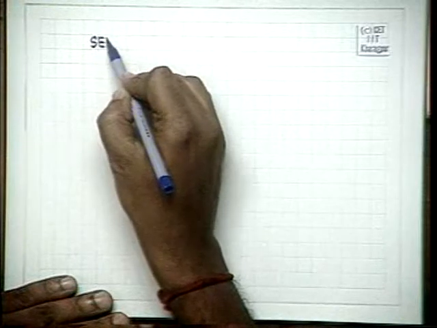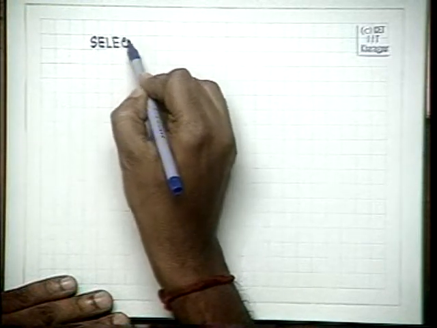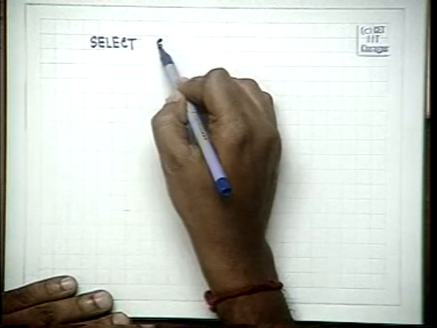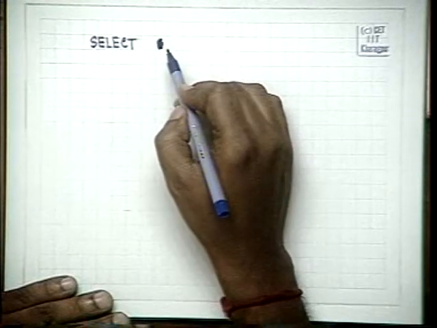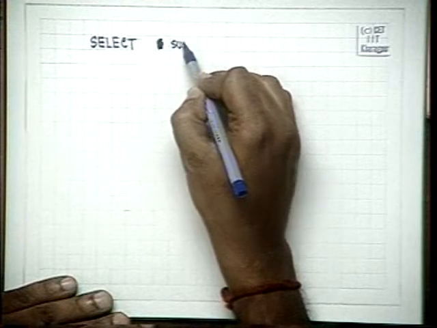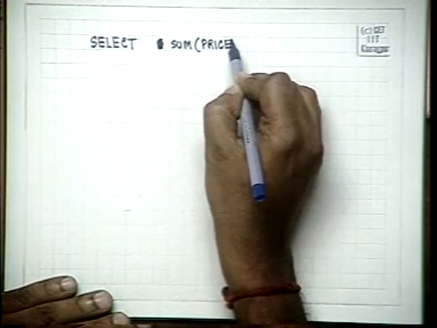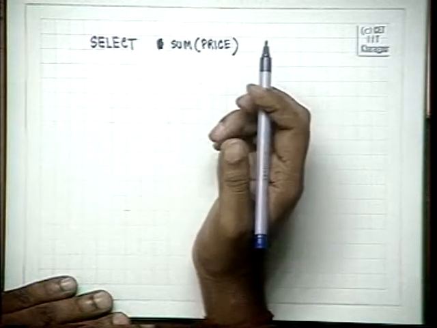In that situation, we do not need the group by, because we will select only Narosa. So what we will do is, we will say select sum price. We don't want the name, we just want the sum of all the books. There is no question of grouping here because you will do it on all the elements.